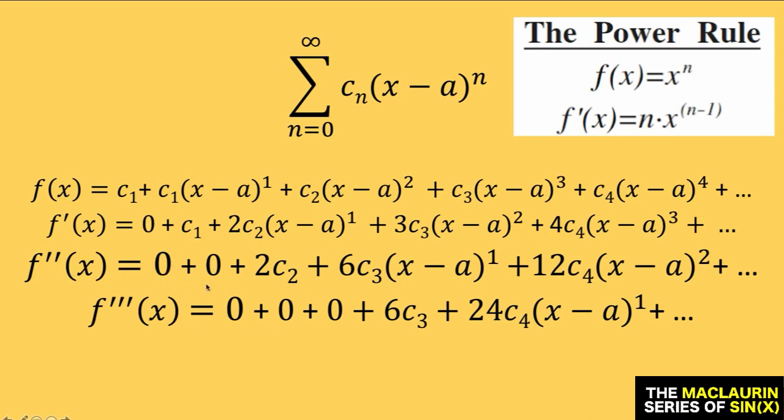So the derivative of 0 is 0, the derivative of 0 is 0. The derivative of 2c sub 2, which is a constant, is also 0. And the derivative of this term is 6c sub 3. And the derivative for this term would be this exponent 2 times 12 to get 24, copy c sub 4, and then subtract 1 from the exponent 2 to get exponent 1, and continue the pattern.